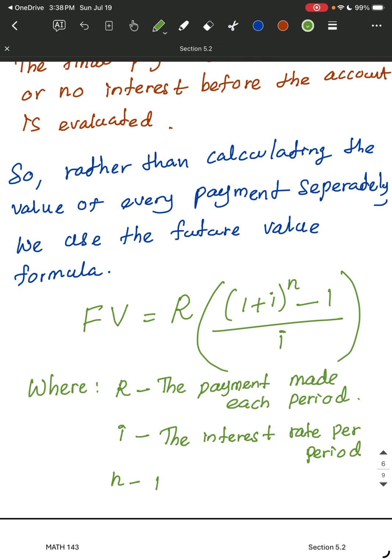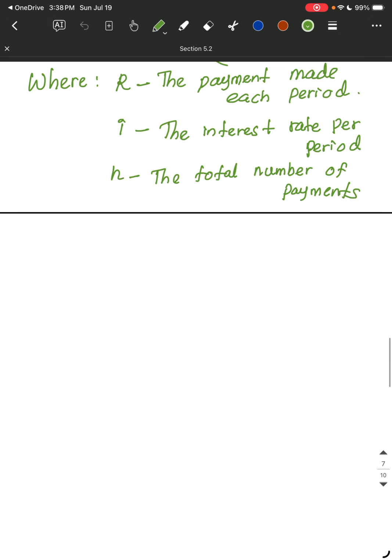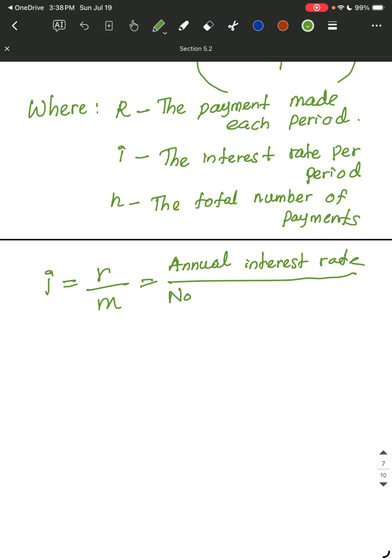I hope you remember the formula for i, which is r over m, where r is the annual interest rate and m is the number of conversion periods per year.